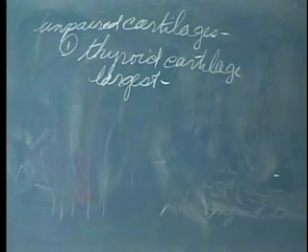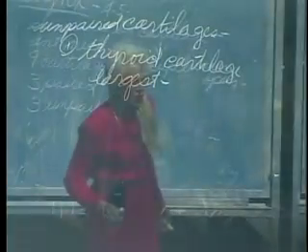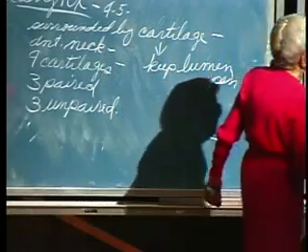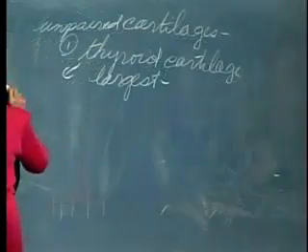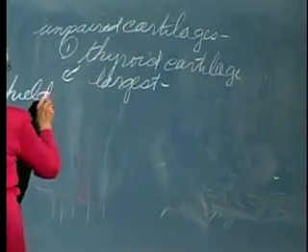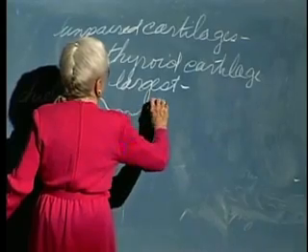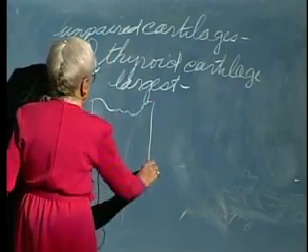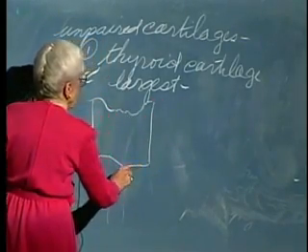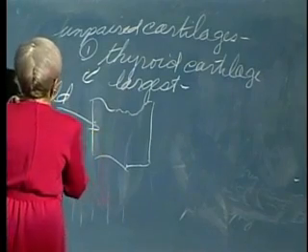What does thyroid mean? Any idea at all? Shield. Thyroid equals shield. So it's going to look like a shield to some people. This is our thyroid cartilage.